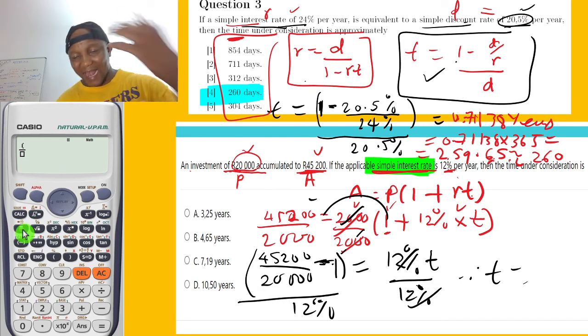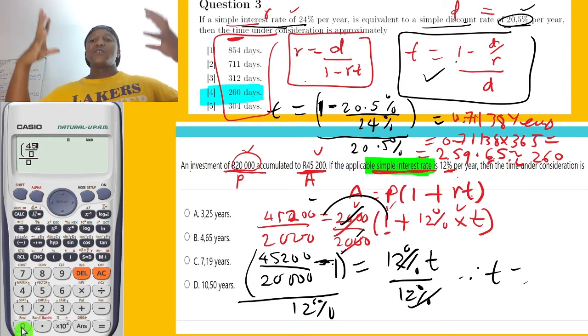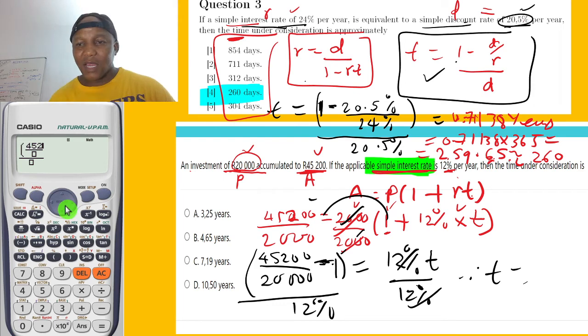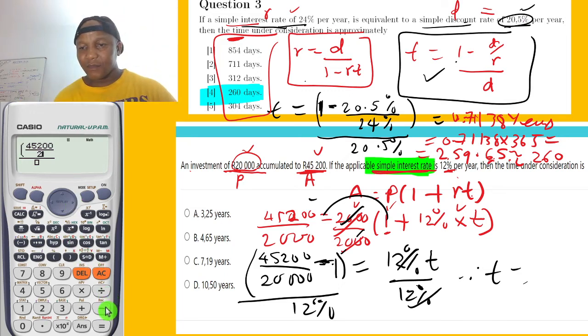We have another fraction on top, which is going to be 4,500 over, comma, the denominator, 20,000, and then 1, 2, 3. Then you come here and say minus 1, and after that you close the bracket and come to the denominator.